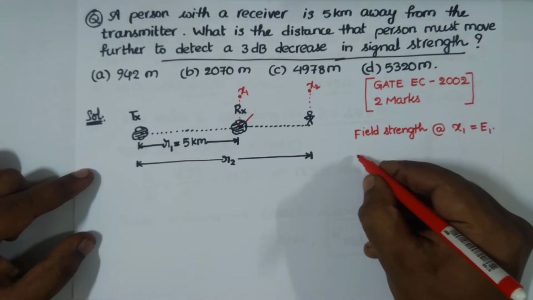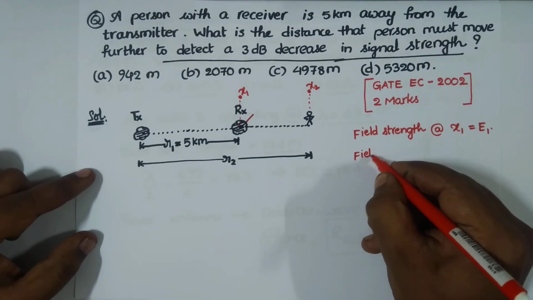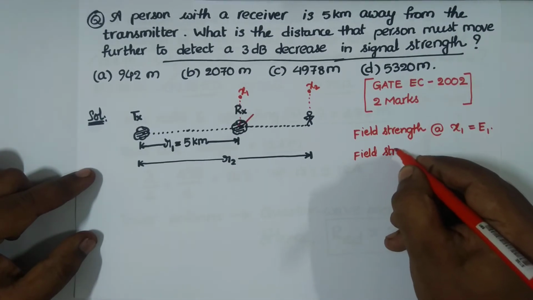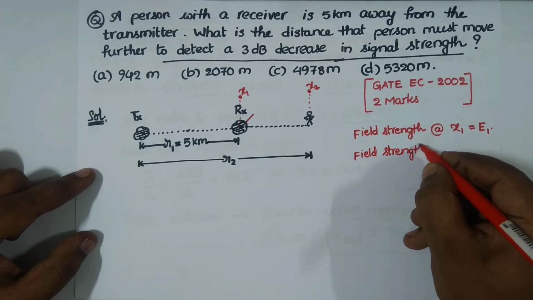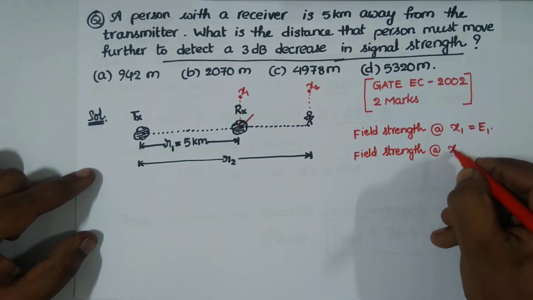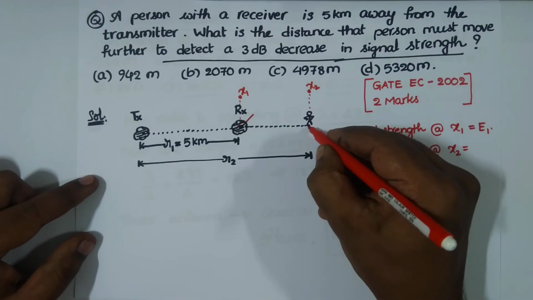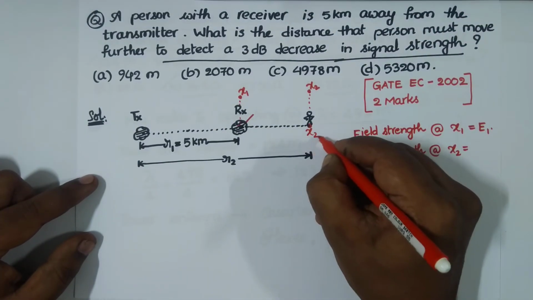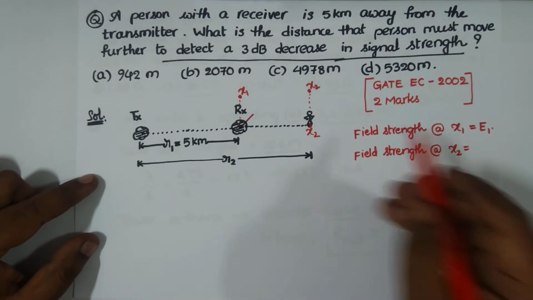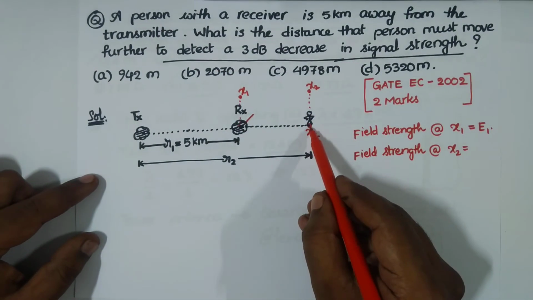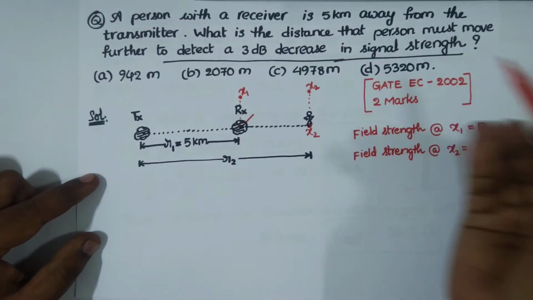Now this is very obvious. The field strength at x2 is equal to what? This is x2. By the time he is here, he should be able to detect a 3 dB decrease in signal strength.